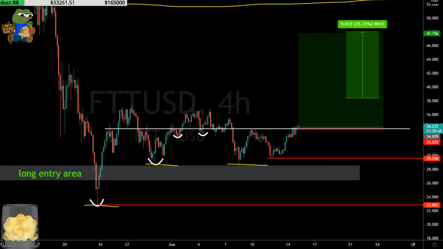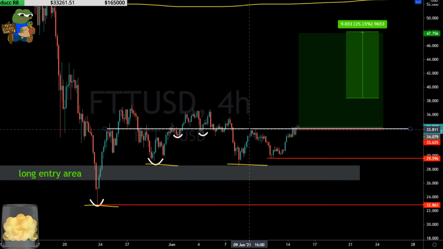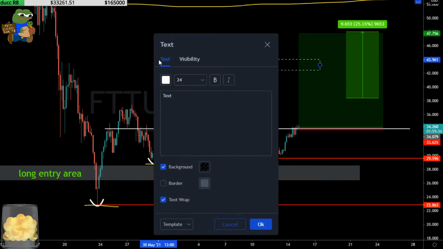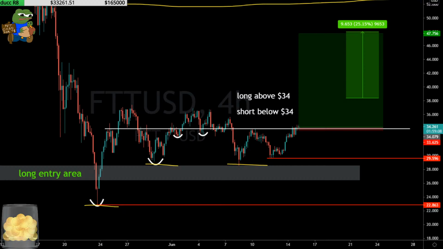So a good little area here to punt FTT long, long above this line, long above $34, or short below 34. That's your plan here on FTT.